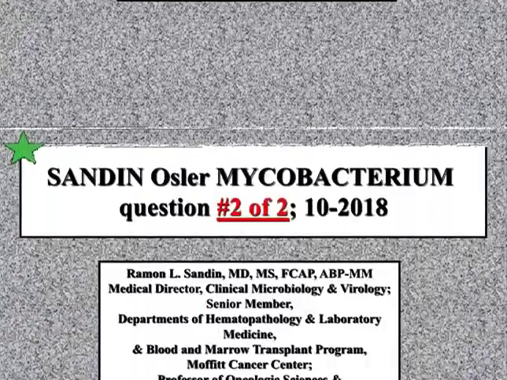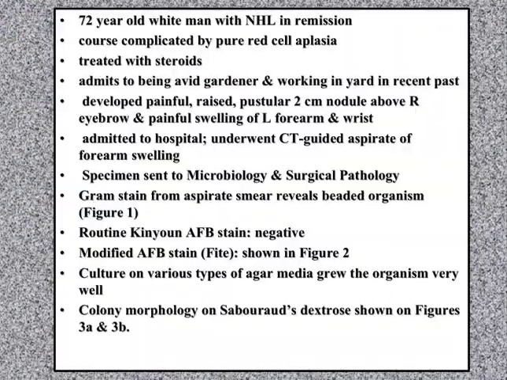And then a reference, and then moving on to the last of the 2 cases: a 72-year-old white man, non-Hodgkin's lymphoma in remission, but complicated by pure red cell aplasia, which is then treated with steroids.